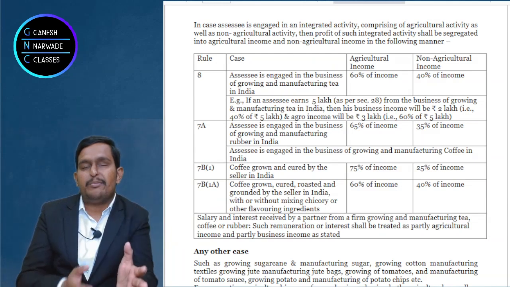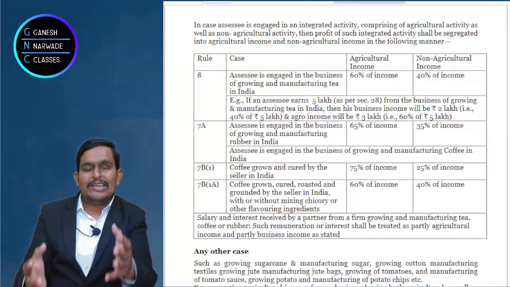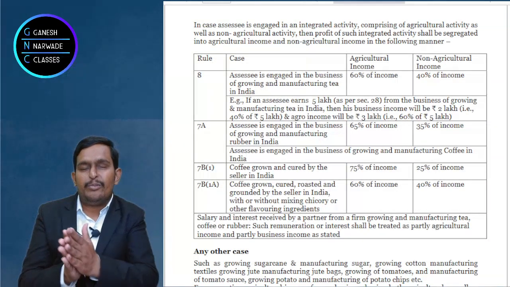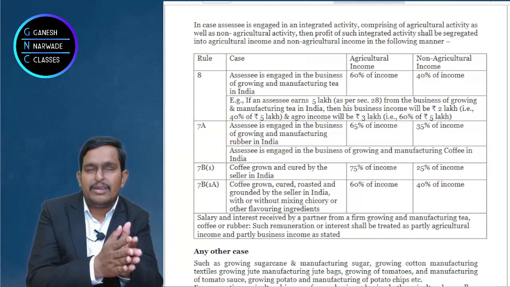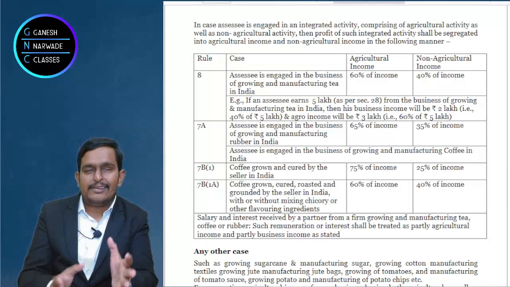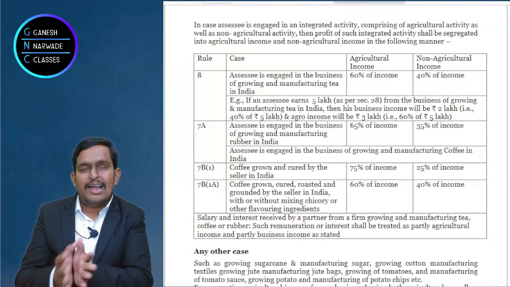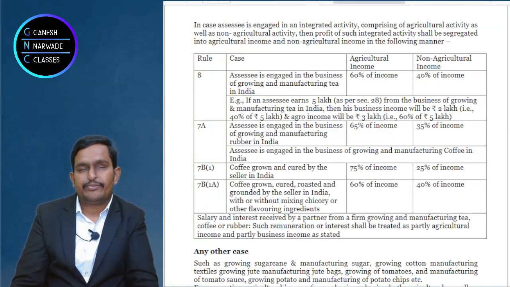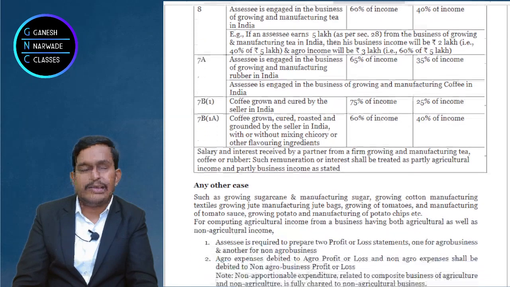With potato you are making chips. So there may be many products where you may have your own agricultural farm and produce the agriculture thing, put it into machineries, convert into another product and sell it and earn income. In that case, what is the percentage? Income Tax Act did not give anything as such.